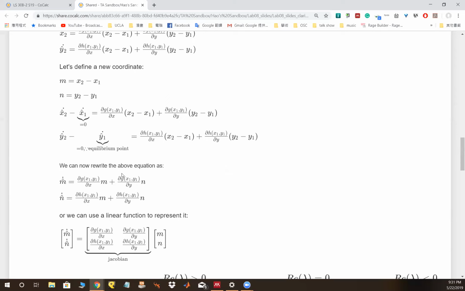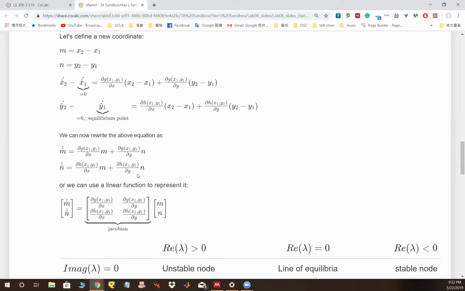Now, this is a much more favorable form. We have one variable m dot equal to some constant multiply m, and some constant multiply another variable n, and so does n dot. This now is a pretty nice linear system. And if you change it back to a matrix form, you get this.